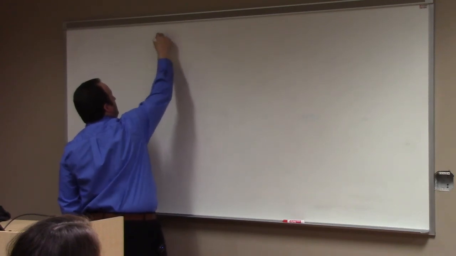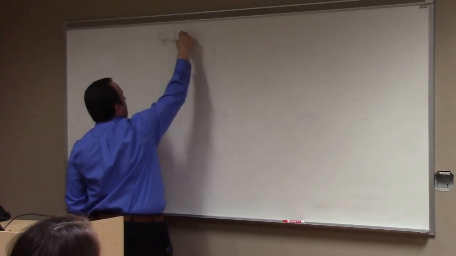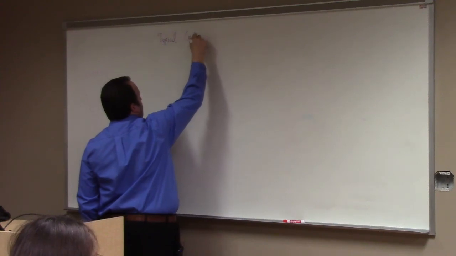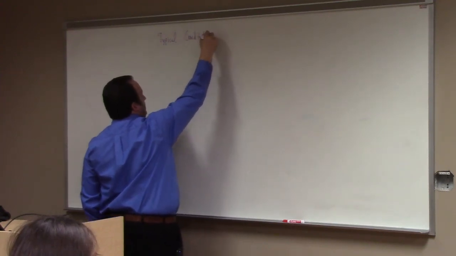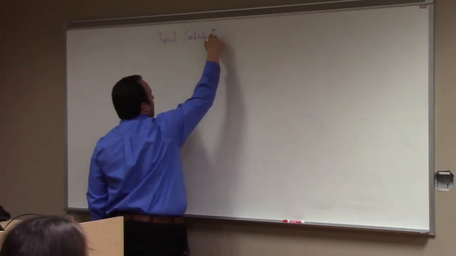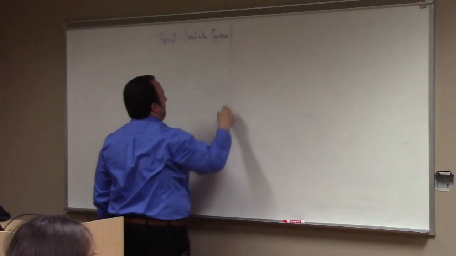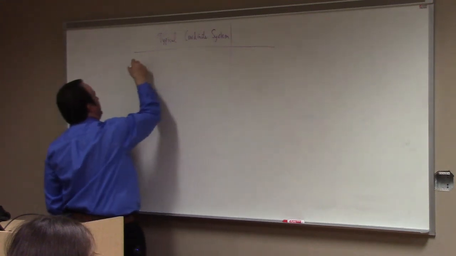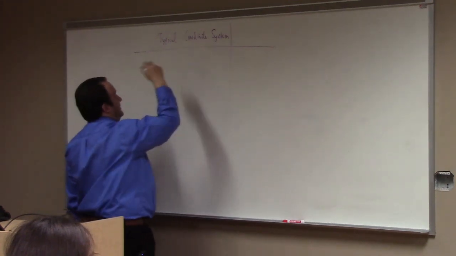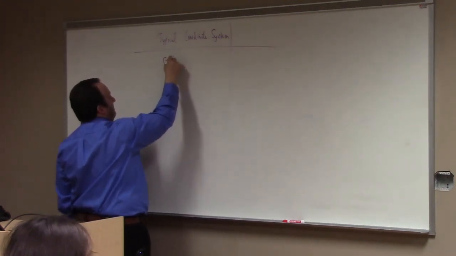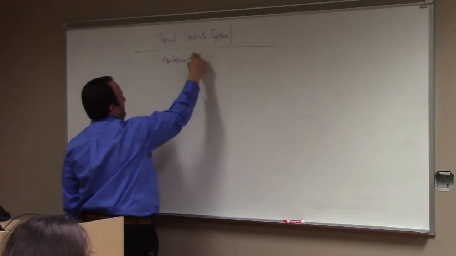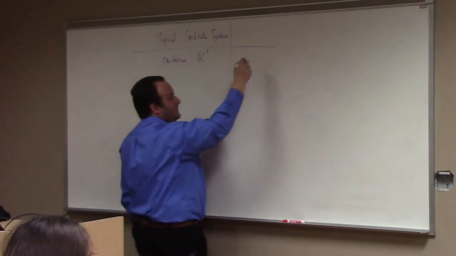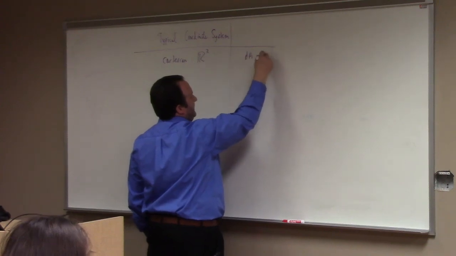So, typical coordinate systems. All right, if we have Cartesian, and we're talking about R², then we've got dA, and we just think about that being dx dy.